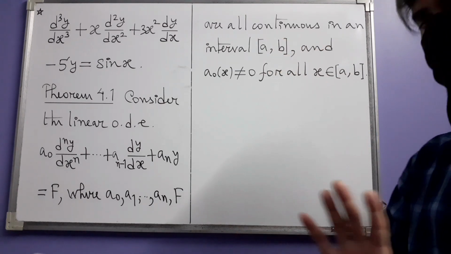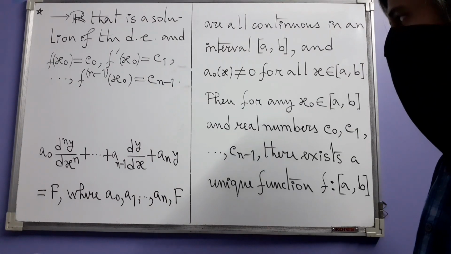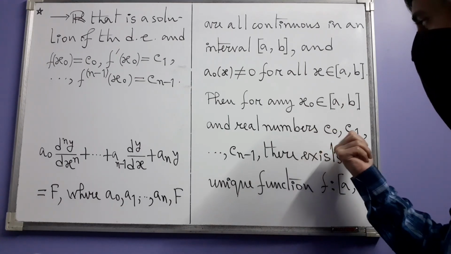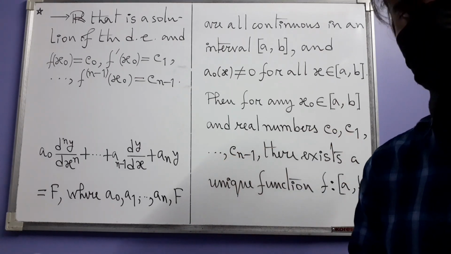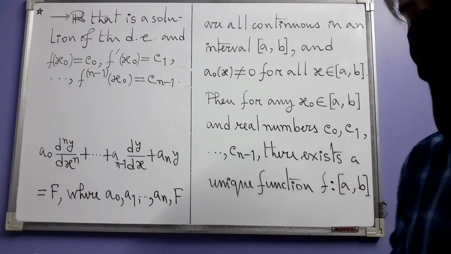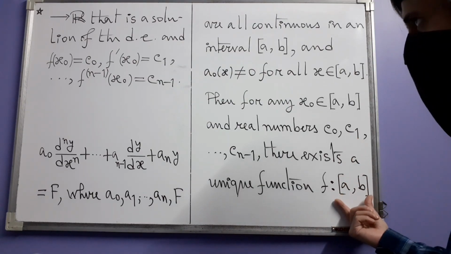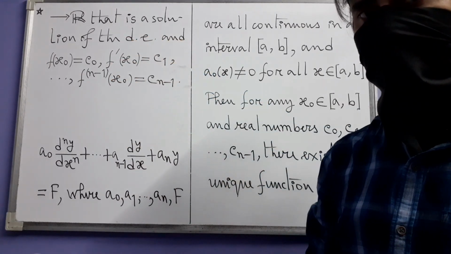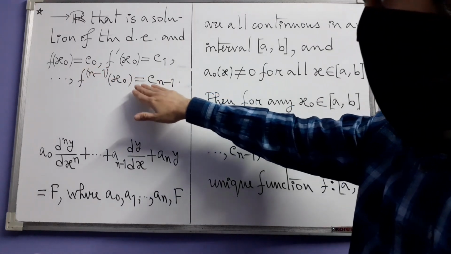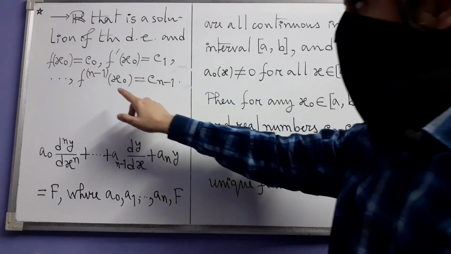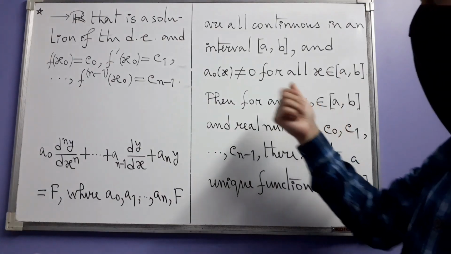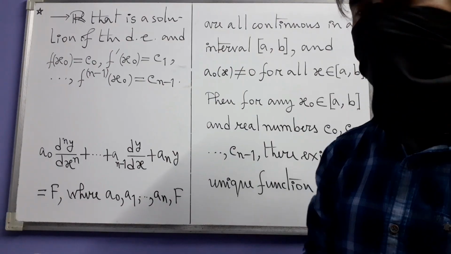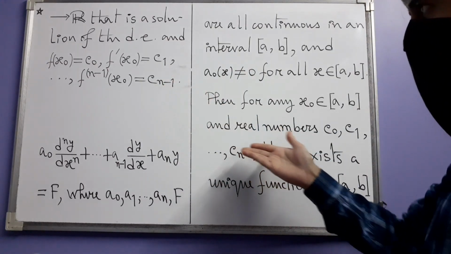Okay, so then what does the theorem say? Then for any real number x0 in this interval and real numbers c0, c1 and so on up to c(n-1), there exists a unique real valued function f defined on that interval, that is a solution of this differential equation, and that also satisfies these extra conditions: its value at x0 is c0, the value of the first derivative of the function at x0 is c1, and like that it goes.